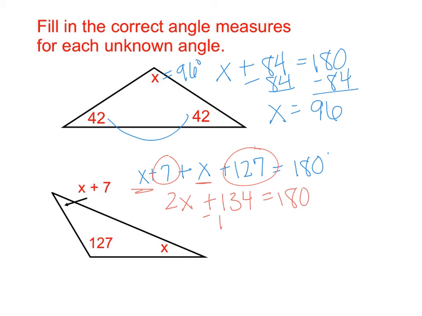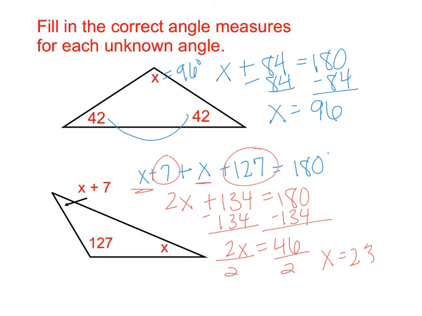Let's subtract 134 on both sides. And when we subtract 134, we end up with 2x equals 46. We divide by 2 on both sides, and we come up with x is equal to 23. So that means that this angle here is 23 degrees, and this one here is 23 plus 7, so this has a total of 30 degrees.